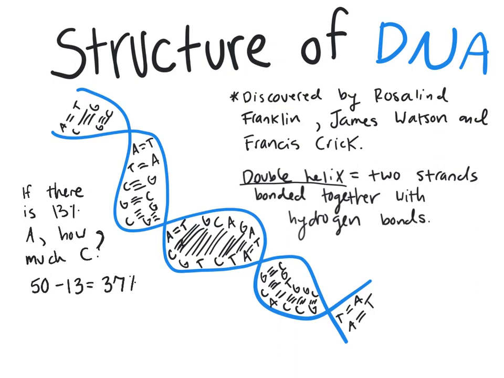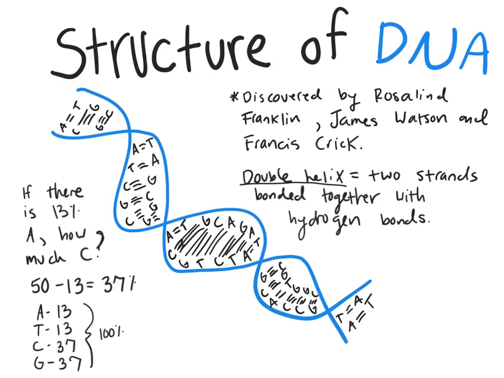And if you want to check your answer, your different nitrogenous bases should always equal 100%. So if A is 13, T would also be 13%, C is 37%, and that means G would also be 37%. If you add all those together, it equals 100%, so all the math checks out.